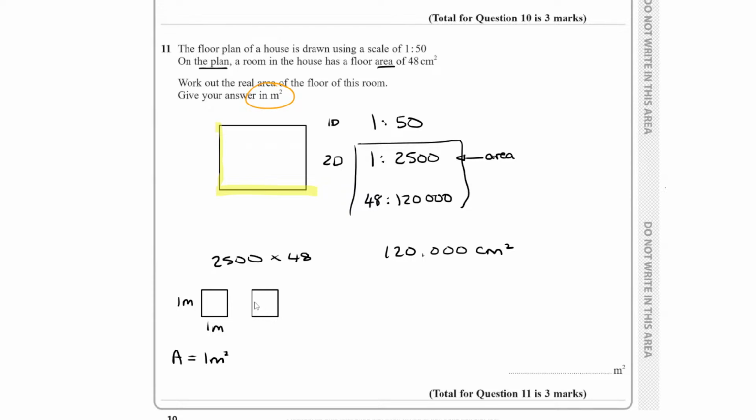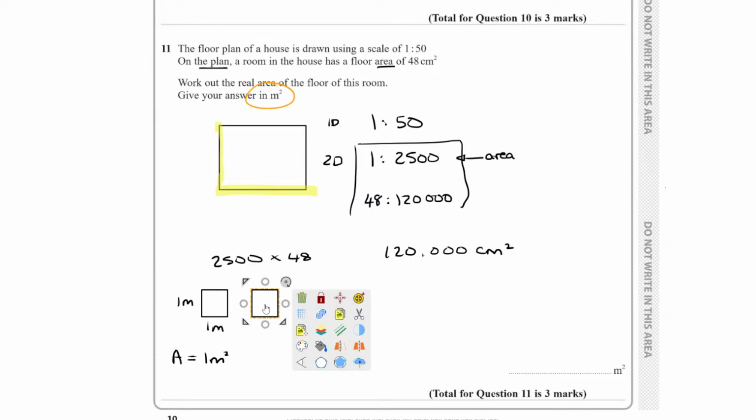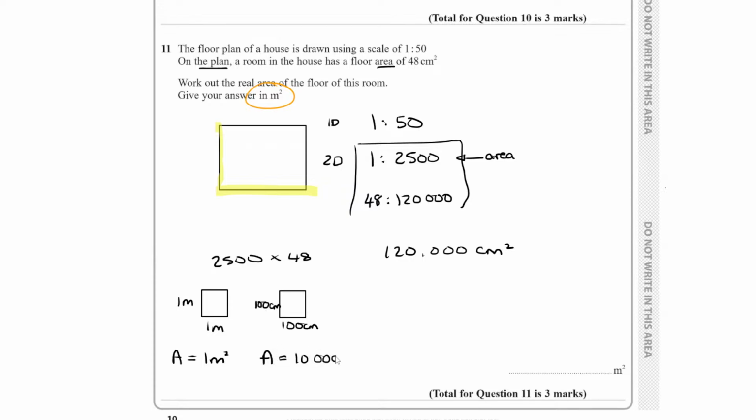And now the exact same square, what is 1 meter in centimeters? 1 meter in centimeters, which we obviously should also know, is 100. So see how that would actually be if I were to convert it originally 100 by 100. So then the area, if you multiply those together, is 10,000. But they're the same square. So what I'm saying is 1 meter squared is the same as 10,000 centimeters squared. You can just memorize those numbers, obviously, but if you need to figure it out in the exam, if you've forgotten, that's how I would work it out.